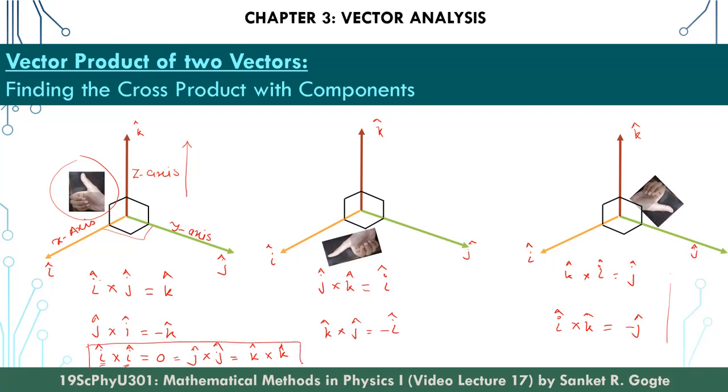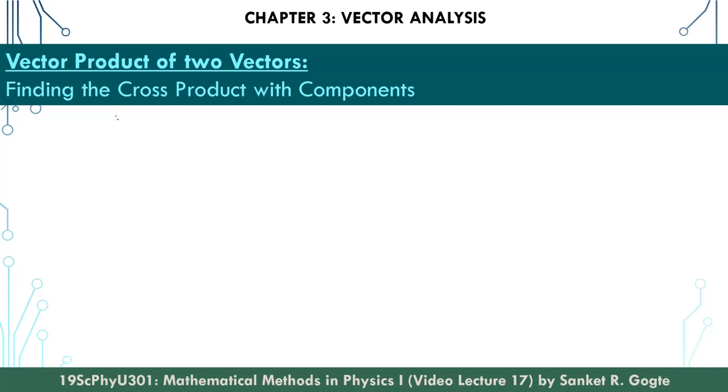Now suppose we are given the two vectors, A, which is axi plus ayj plus azk, and vector B, which when written in component form is bxi plus byj plus bzk, and we want to find out the cross product.